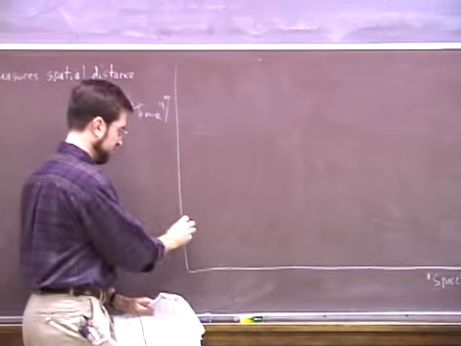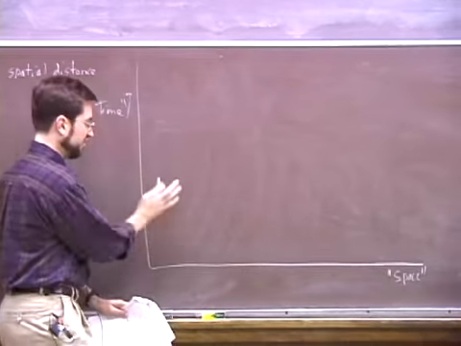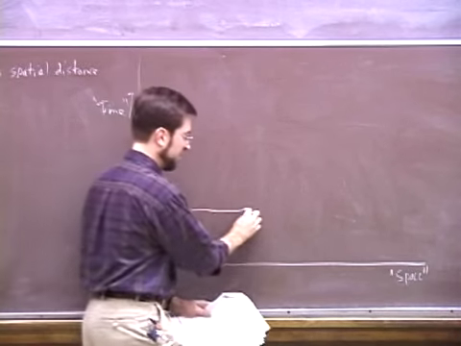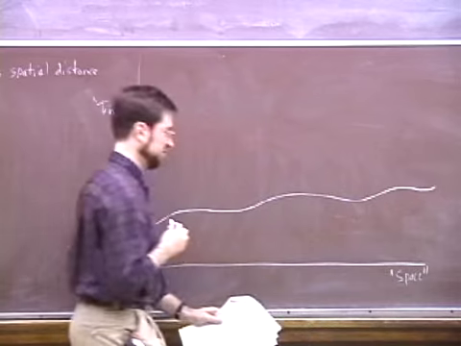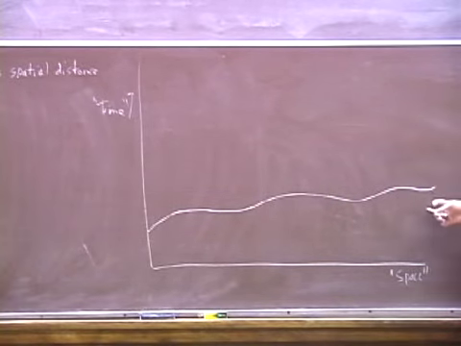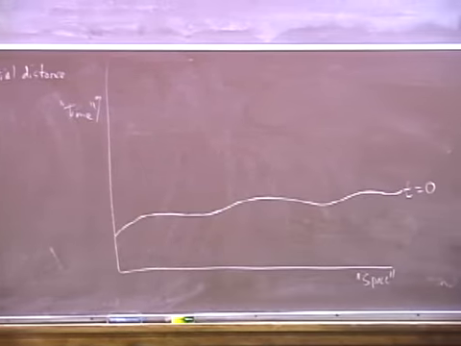And so what I'm going to do is I'm going to take this 4-dimensional space-time, and through it I'm going to draw a 3-dimensional surface. And I'm going to give this 3-dimensional surface a name. I'm going to call it t equals 0.